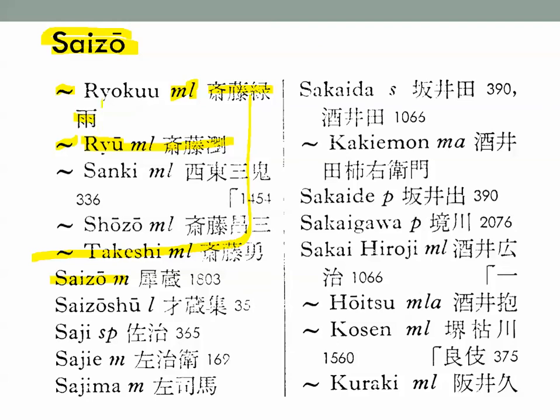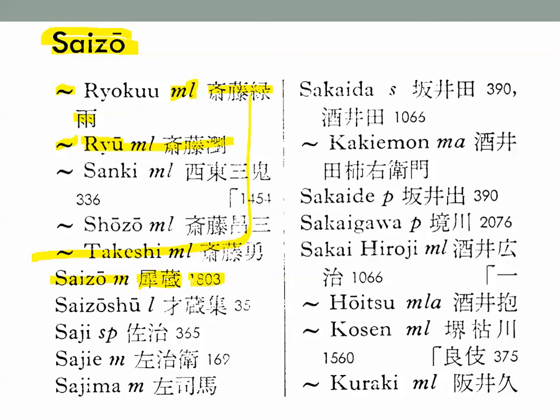It's not Saito Ryoku or Saito Ryu or Saito Sanki or anything like that. Instead, it's Saizo and then an M. This means that this is a male name, but it's not referring to a specific person in history. In other words, probably more than one male has been named using those kanji in history.